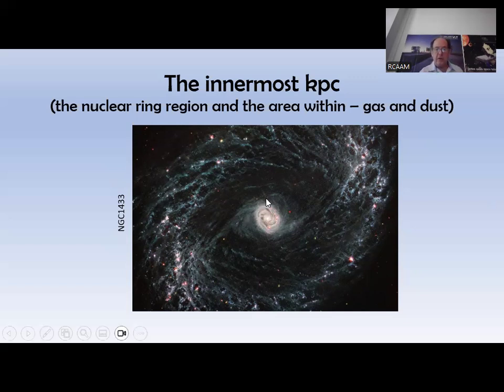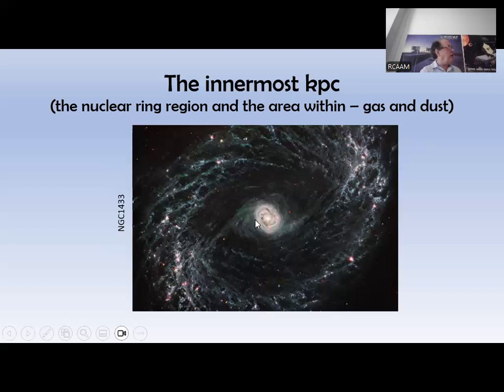At this region, we usually observe a ring, the so-called nuclear ring. And then inside this ring, in some cases, there are substructures that are observed. For instance, in this case, you can see two dust lanes.